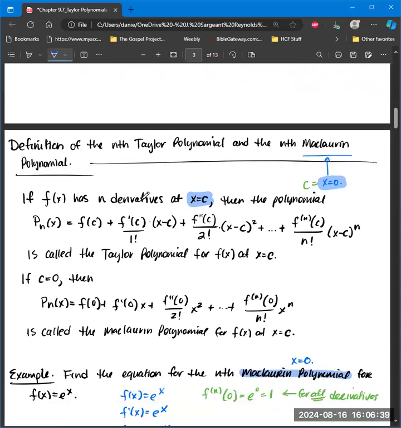So the definition of the nth Taylor polynomial and the nth Maclaurin polynomial. Maclaurin polynomials are just special types of Taylor polynomials that are centered at x equals 0.